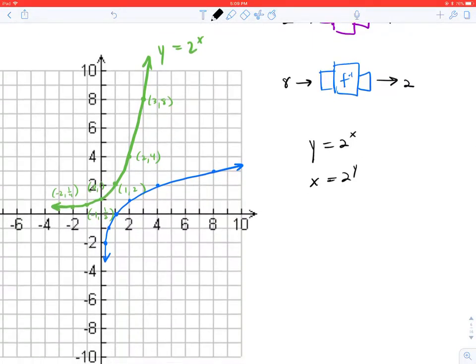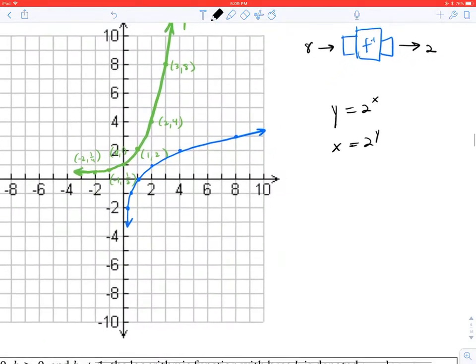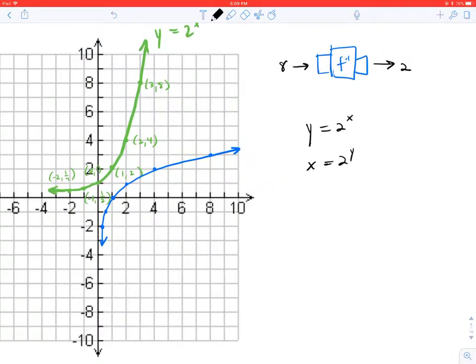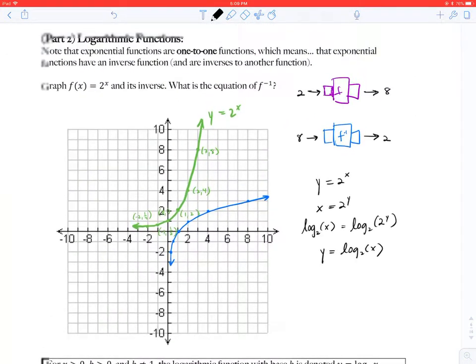So what we're going to end up having to do is take the log base 2 of each side of the equation. We'll talk about properties of logarithms in a second. So we take the log base 2 of each side, which then ends up being y equals log base 2 of x.